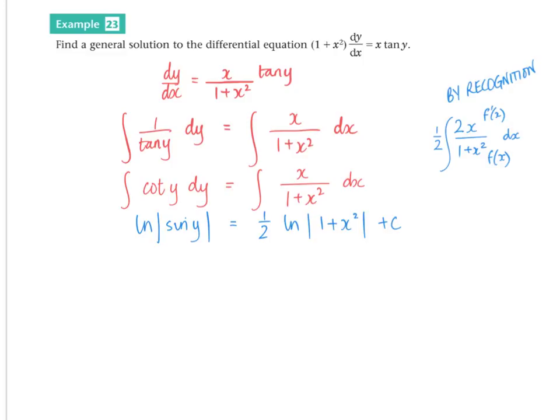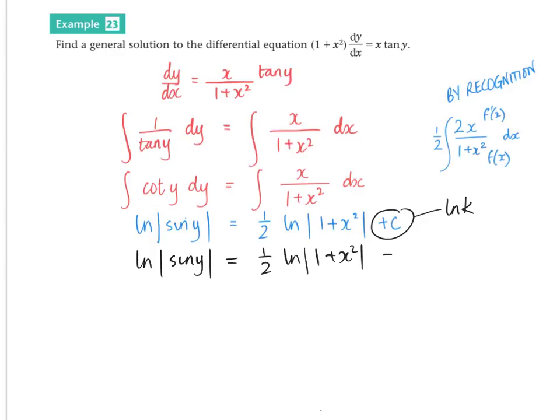I don't think there's anything. We can take the logs away of both sides, or we can change this. If we change this into ln k, we get ln sine y equals a half ln. That would allow us to do our laws of logarithms.